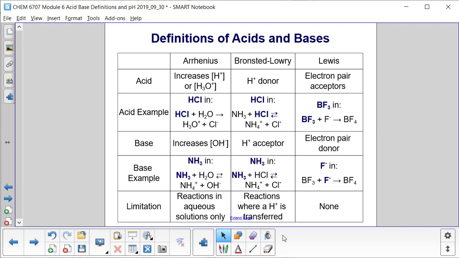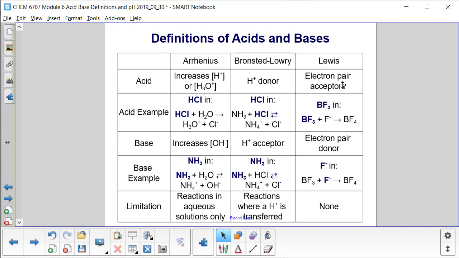Okay. Finally, the Lewis acid-base definition is one in which an electron pair is transferred. And so the Lewis acid is the one in which the electron pair is accepted. So in this case, if we have BF3 plus F-, BF3 acts as an electron acceptor to form BF4-.